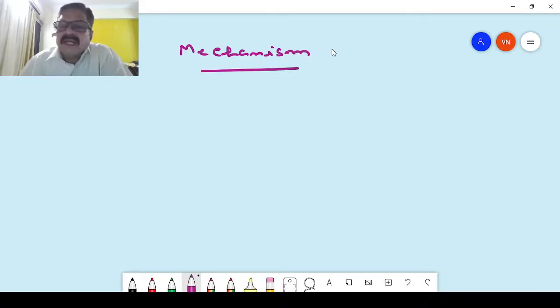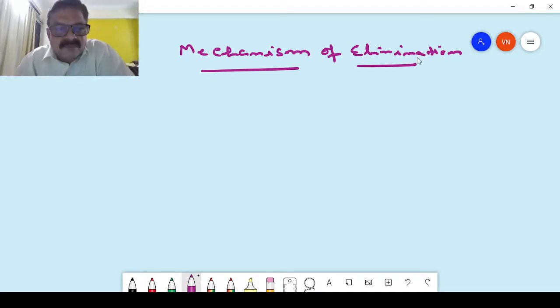Mechanism of elimination. In nucleophilic substitution reactions, we have seen that there are two activities involved in any chemical reaction: breaking of bonds and formation of new bonds.